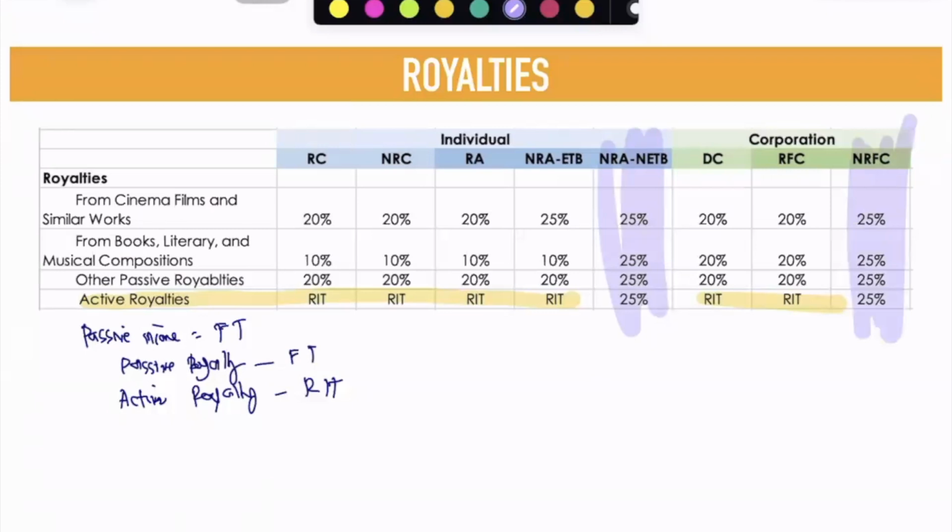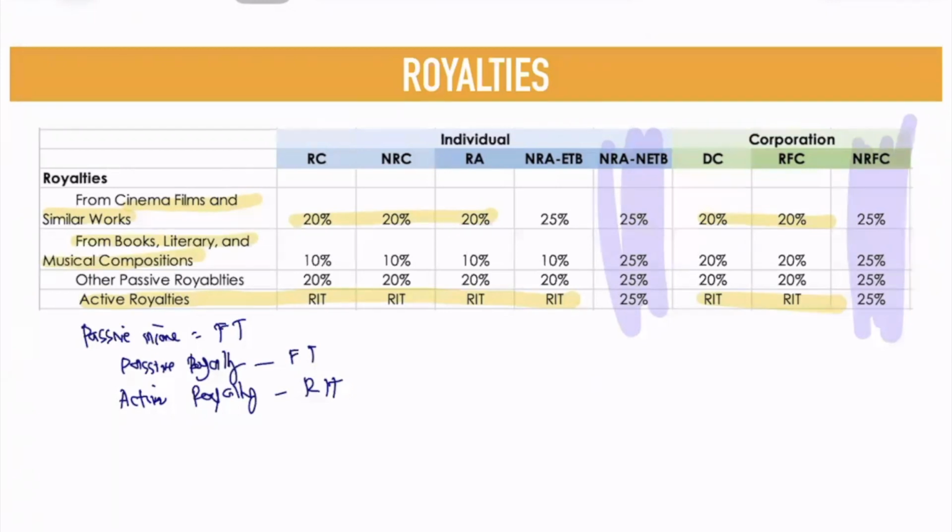So magbabago lang yung rates ng other royalties. So now let's look into your other royalties. If that is from your cinema films and similar works, 20% yan. Pag books, literary, and musical compositions, that is considered taxable at 10%.